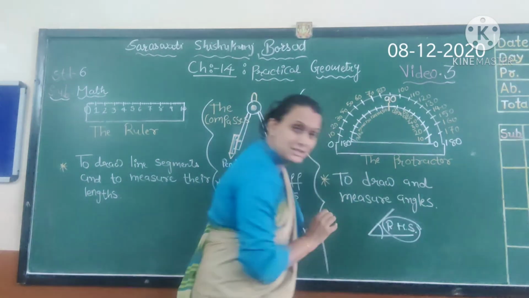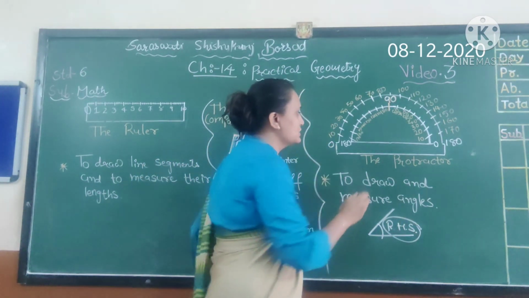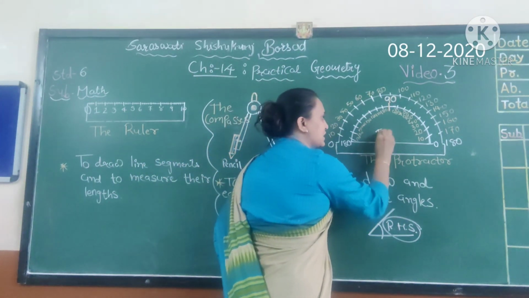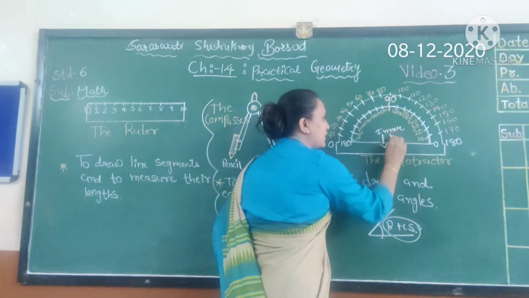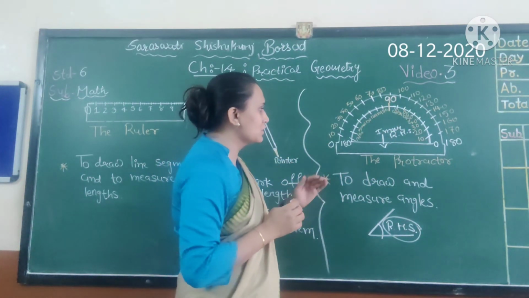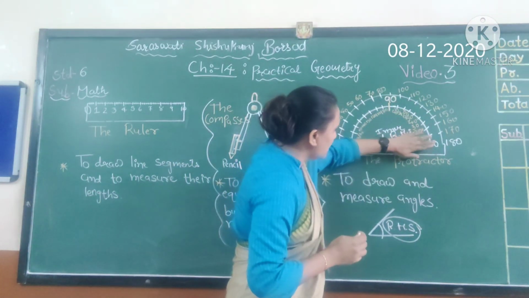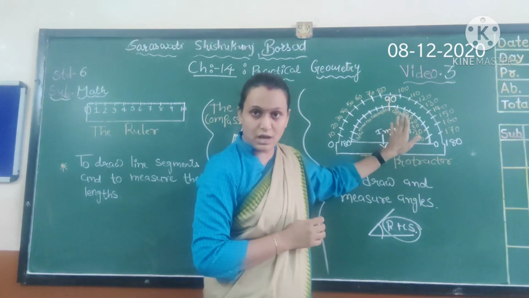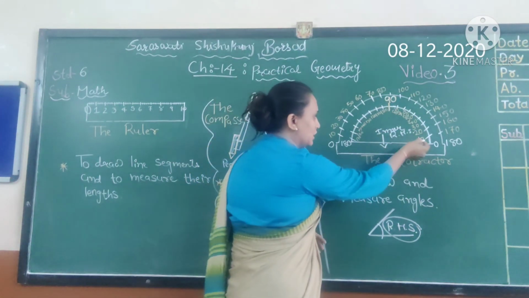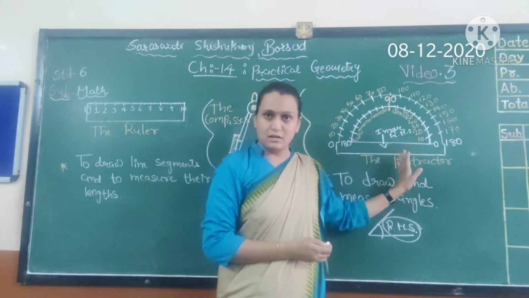So wherever we are using the right hand side, then we are using the inner scale. The inner scale is used for measurement of right hand side angles. Because if you want to draw any angle, 0, 20 or 80, you are using the right hand side portion. So whenever you want to draw a right hand side angle, then you are using the inner scale, clear?